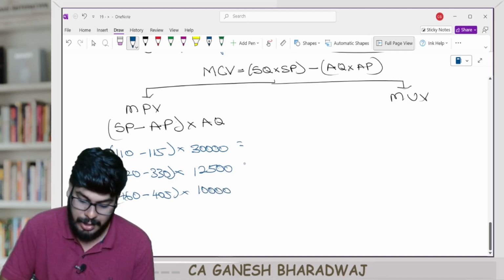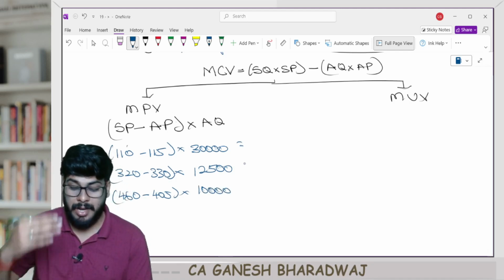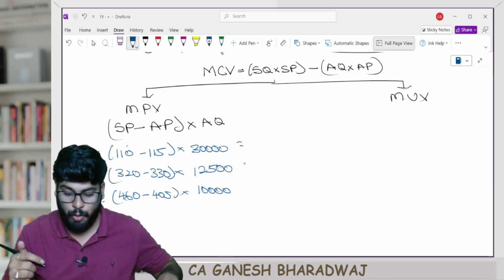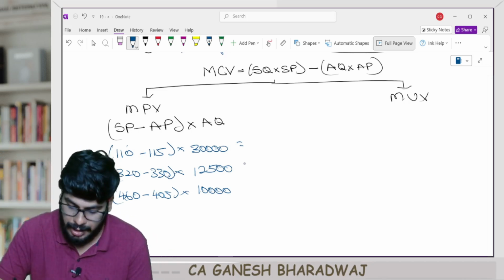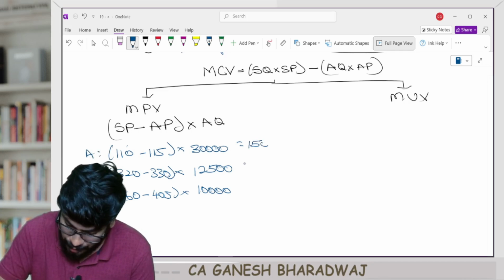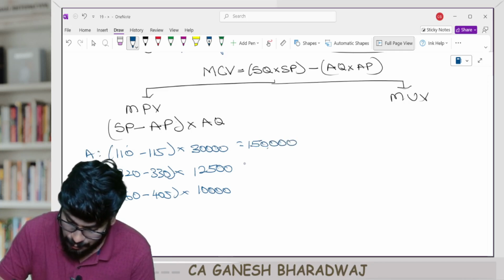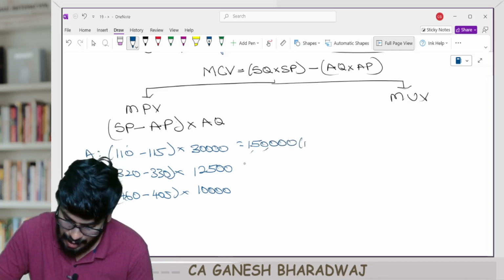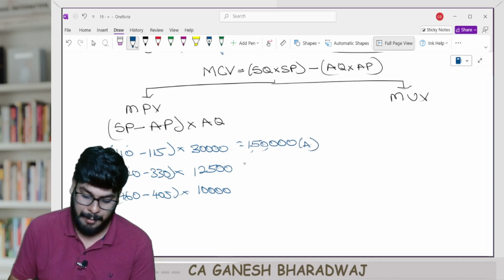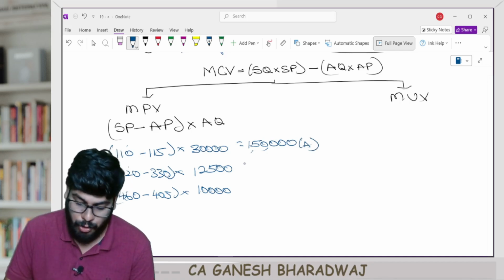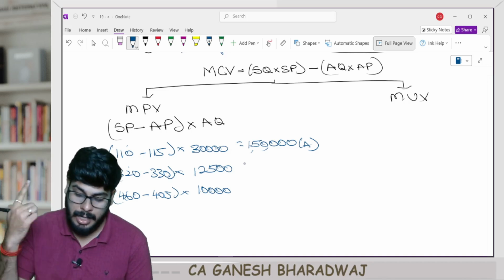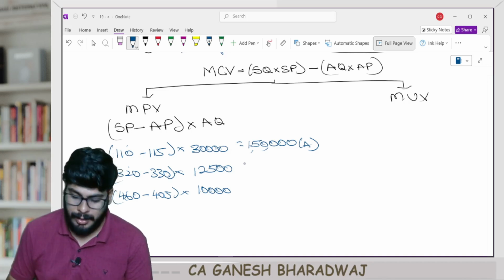So now if you multiply this, you were supposed to incur 110, you have incurred 115. So 5 rupees more for each of the 30,000 kgs. That is 1,50,000 rupees of adverse variance, correct? Similarly, you are supposed to incur 320 for B, but you have actually incurred 330, 10 rupees more on each of the 12,500 kgs.